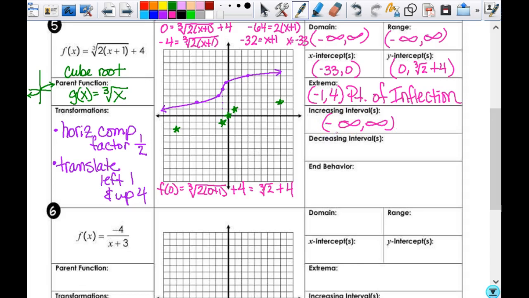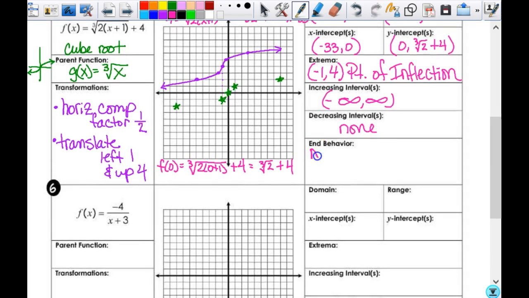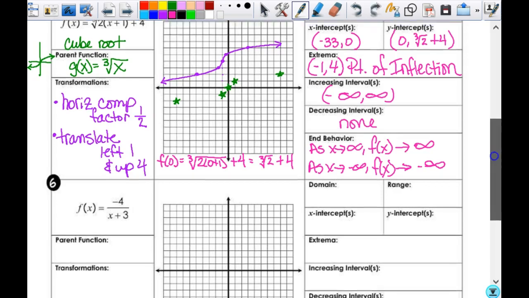And then decreasing none. My end behavior: as x approaches infinity, f of x approaches infinity. And as x approaches negative infinity, f of x approaches negative infinity. Ooh, infinity 3. Okay. We all good so far? Any questions? All right, let's look at 6.